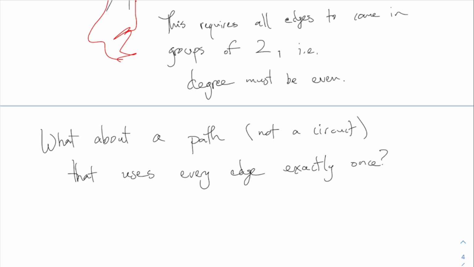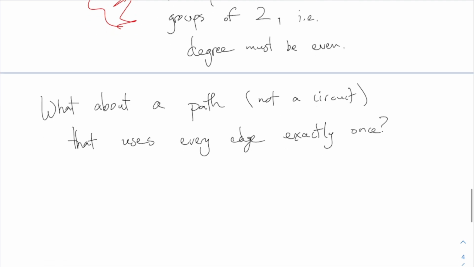This is like an Euler circuit, only it does not start and end at the same point. But otherwise, it does the same thing. That is, it covers every edge once with no repeats. A path, not a circuit.